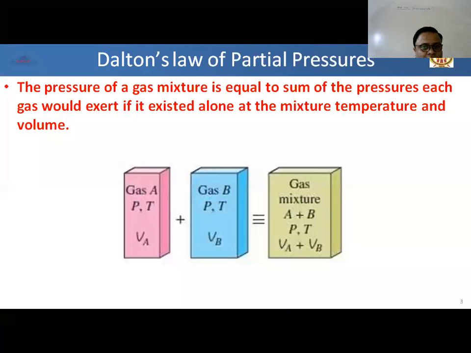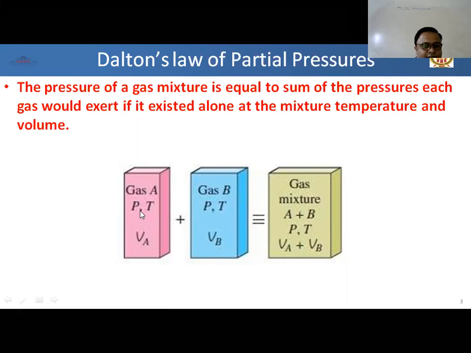This is Dalton's law of partial pressure, already discussed. The pressure of a gas mixture is equal to the sum of the pressure each gas would exert if it exerted alone at the mixture temperature and volume. Whenever two gases are mixed, the volume of the total mixture is the sum of the individual volumes.